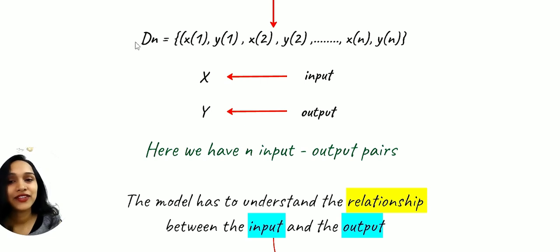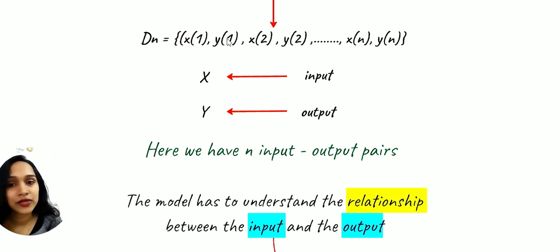So here we can generalize this and say that in a supervised machine learning setting, we will have a dataset Dn equal to a set of input-output pairs (x1, y1), (x2, y2), (x3, y3) till (xn, yn), if we have n input-output pairs. Here all the x's correspond to the inputs and all the y's correspond to the outputs. The images, the blood glucose values, the emails, all of them were the X values or the input values.